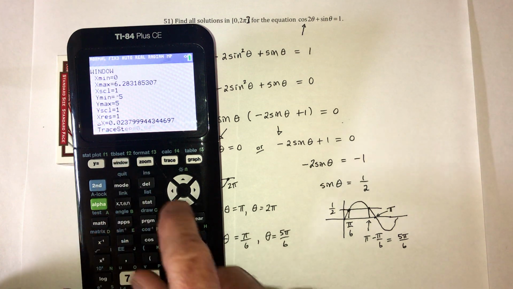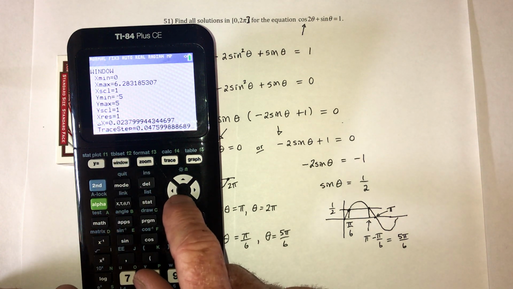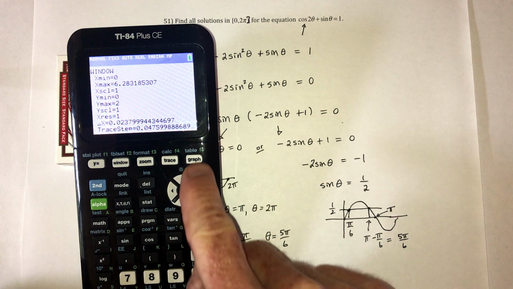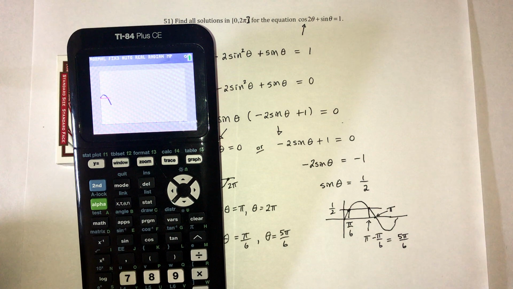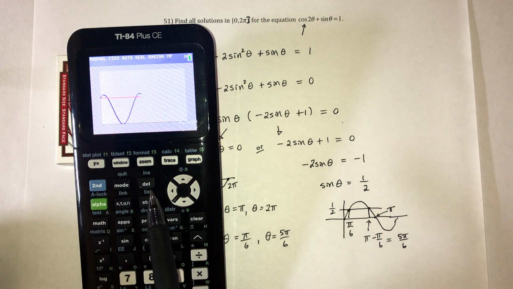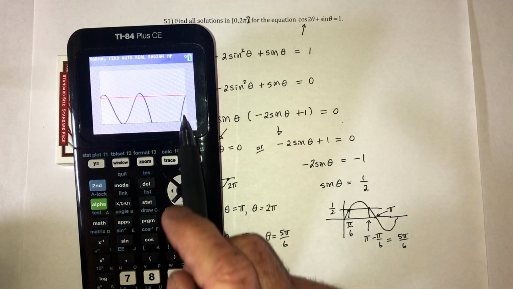So for the window, go from 0 to 2 pi. That's already set up. I need to see where it's equal to 1. So I could just go from 0 to 2. And that way I could see where it's equal to 1. So there's 1, 2 solutions, 3, 4, and 5.